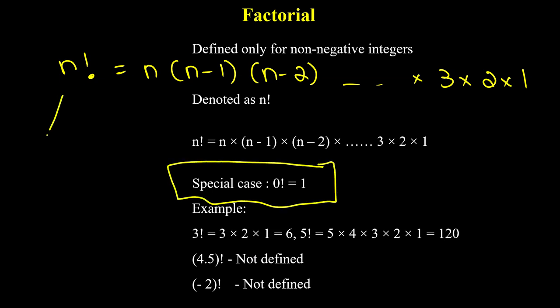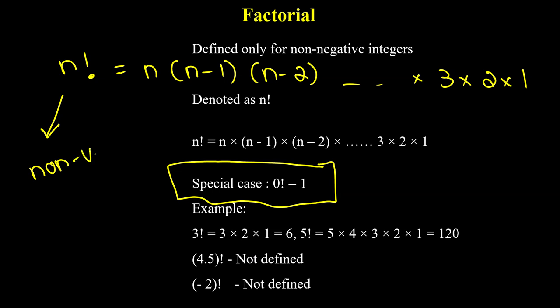This is applicable only when n is a non-negative integer. If it is negative, minus 5 factorial is not defined. Minus 5 factorial is not minus 5, minus 6, nothing like that. There is no factorial for negative values, and decimal values are also not allowed. 5.2 factorial, no. We want an integer, that too a non-negative integer.